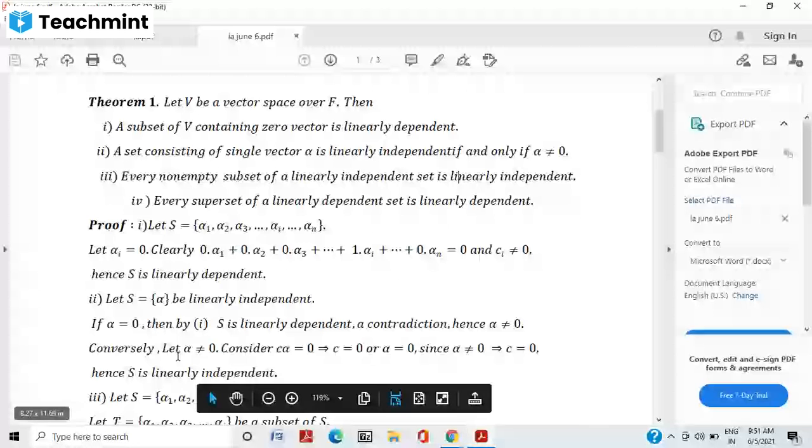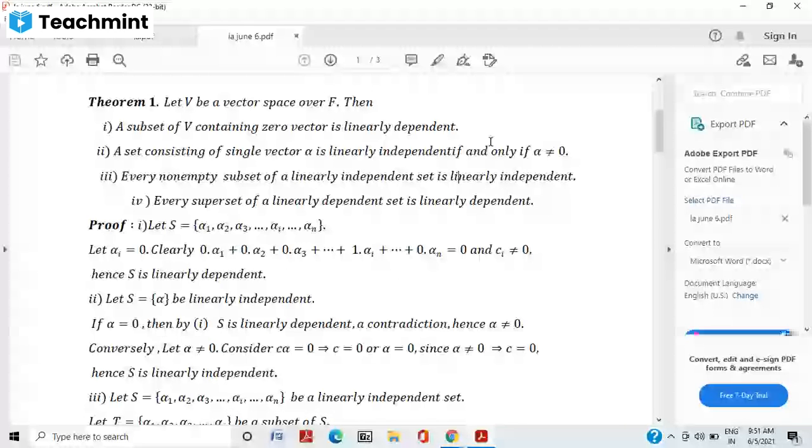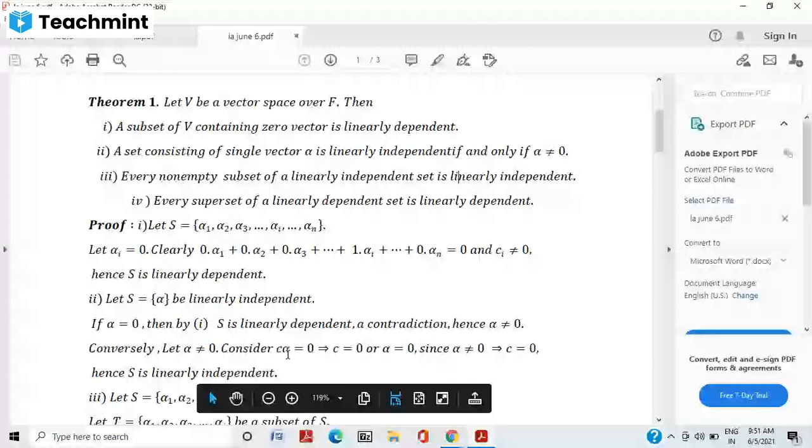Then next, what do we have to assume? Alpha not equal to 0, and we should get S is linearly independent. Alpha not equal to 0, so we can consider C alpha equal to 0. C alpha equal to 0 means either C should be 0 or alpha equal to 0. But what did we assume? Alpha not equal to 0.